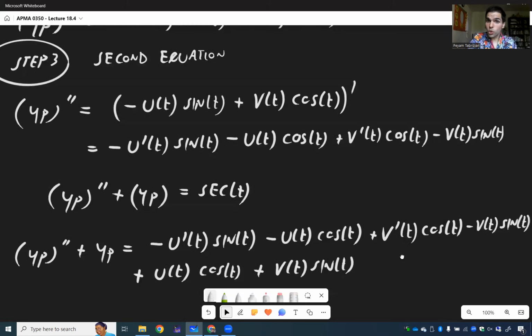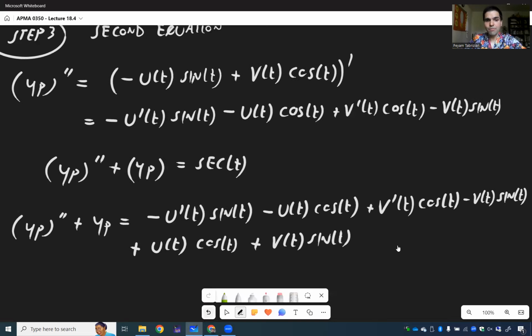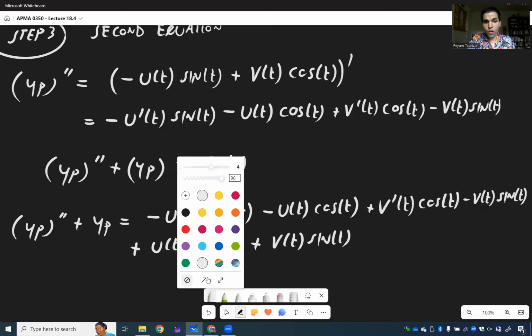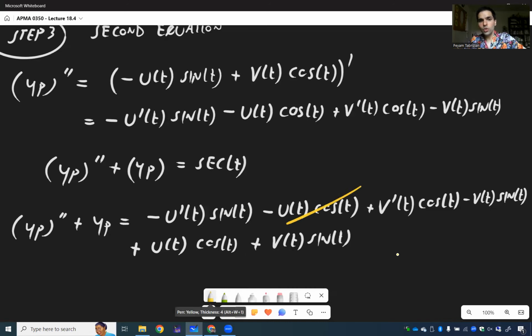Now, notice two things that are very important. First of all, there are no second derivative terms, which is exactly what we wanted. That's why we had this assumption. And also, we have nice simplifications because this u times cosine cancels out with this, and v times sine cancels out with this.